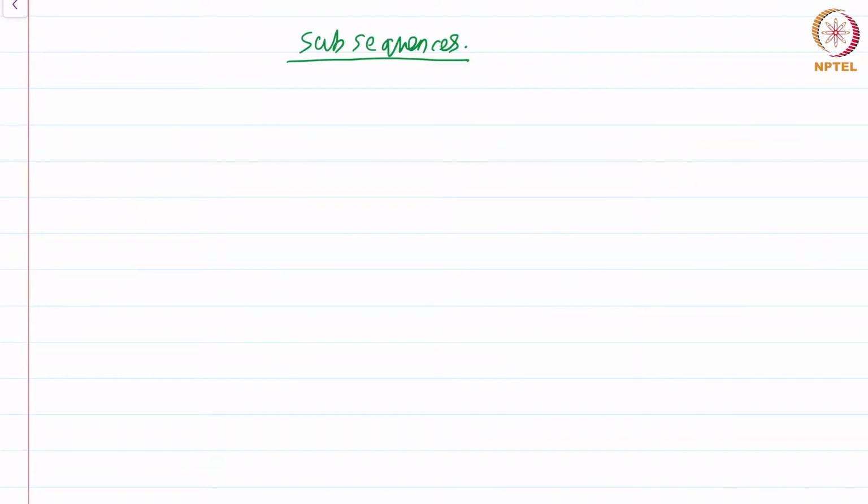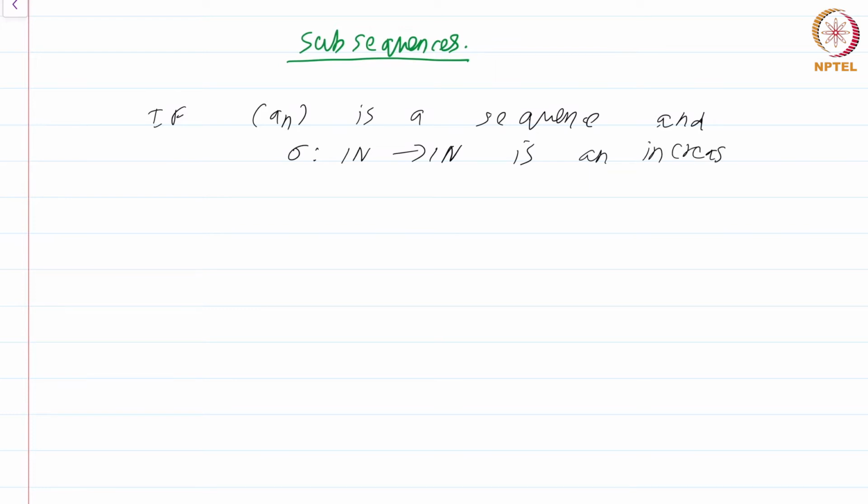Let's talk a bit more about subsequences in this module. First, let me recall the definition of a subsequence. If a_n is a sequence and sigma from N to N is an increasing function, then a_sigma(n) is called a subsequence.